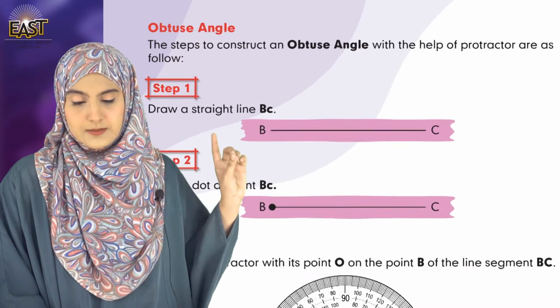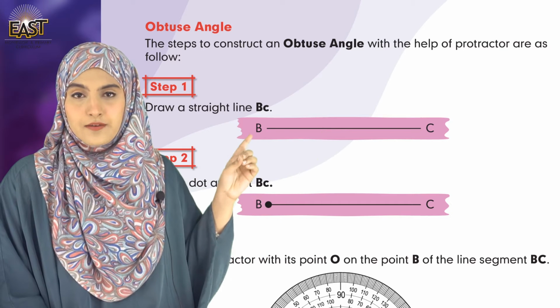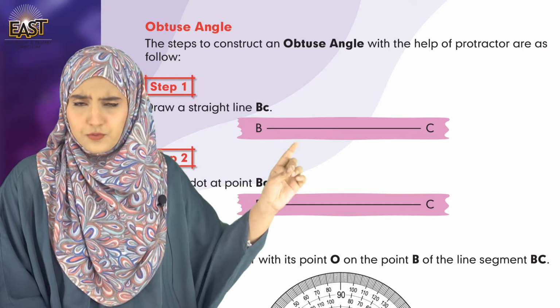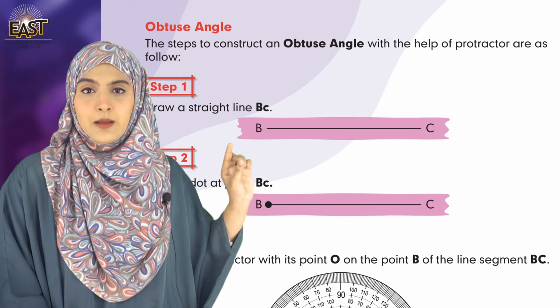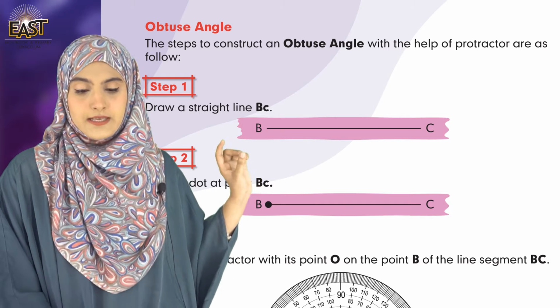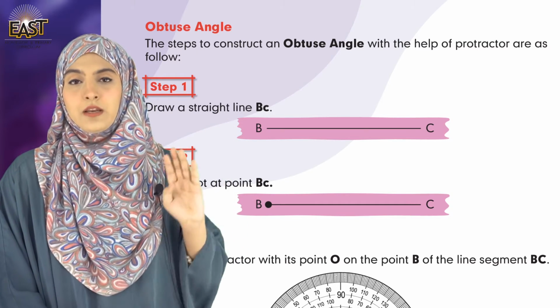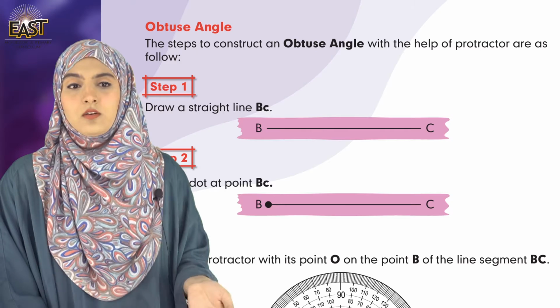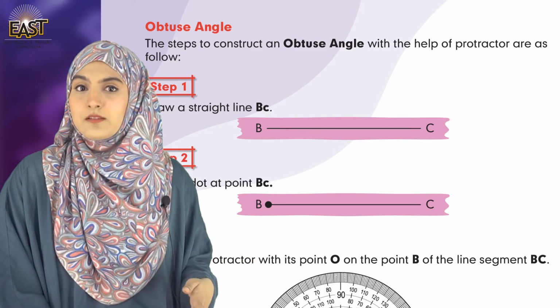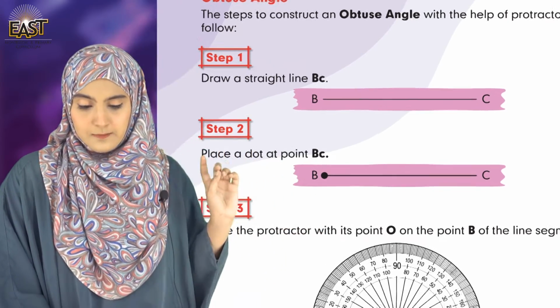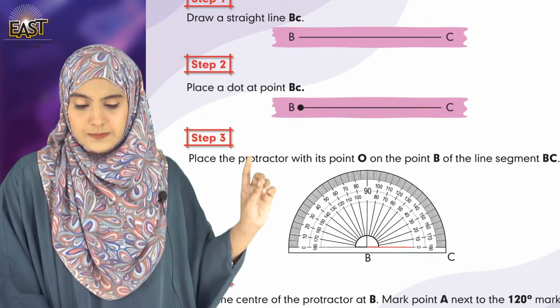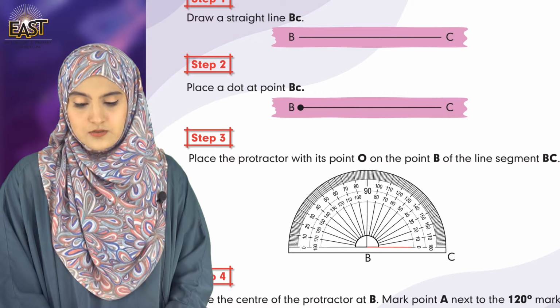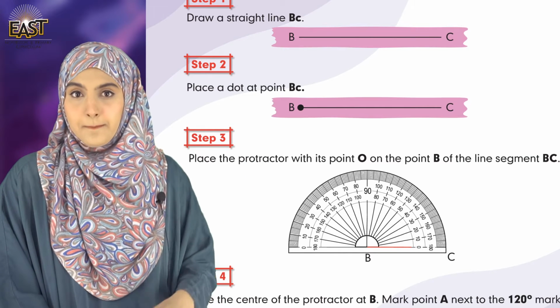Okay, this is B and C. First of all, you have to make one straight line and then put a dot at the vertex B, where you are going to make another line of the angle, or you can say a ray as well. Place a dot and then place a protractor with its point 0 on the point B.